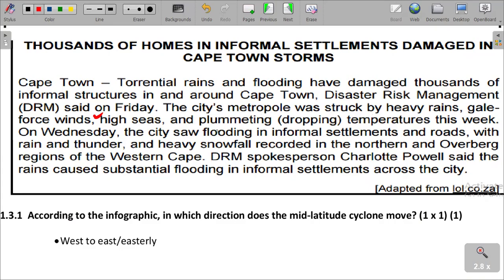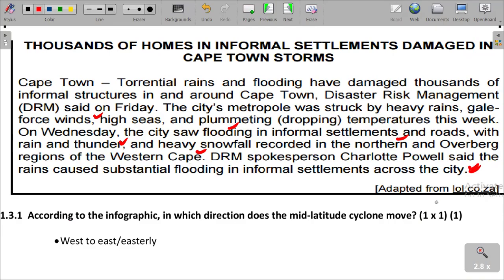On Wednesday, the city saw flooding in informal settlements and roads, with rain and thunder, and heavy snowfall recorded in the Northern Cape and Overberg regions of the Western Cape. The disaster risk management spokesperson said the rains caused substantial flooding in informal settlements across the city.